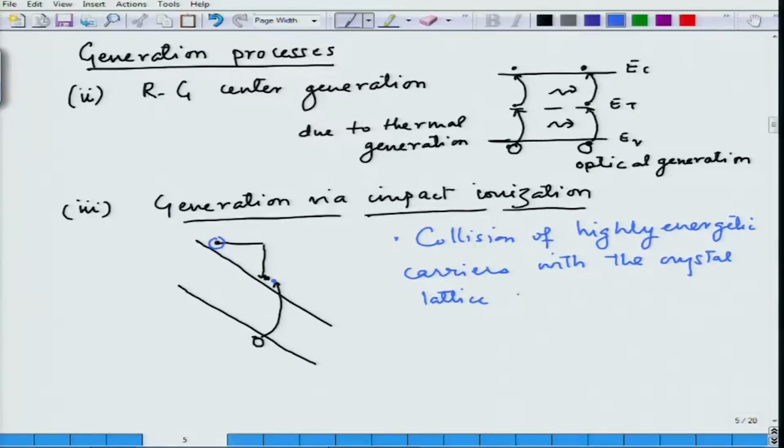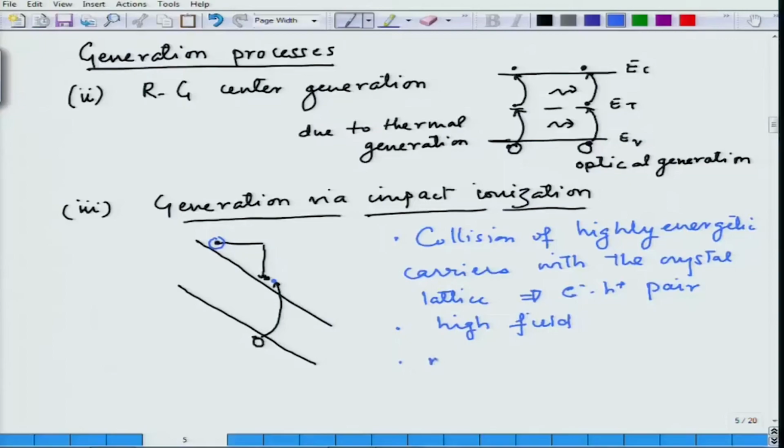And this generates an electron and hole pair. Now, this process normally occurs at high field, because you need highly energetic carriers. It occurs at high field, and this is a process by which one can have multiplication of carriers. A single carrier, when it has been excited to high energy, has a collision with the lattice and creates more carriers. So, this is a process by which you can have multiplication of carriers by impact ionization.